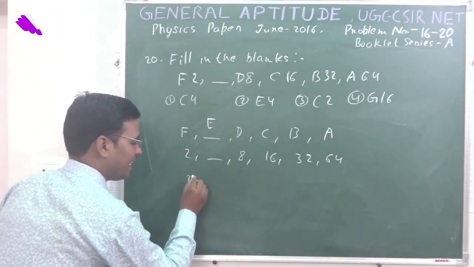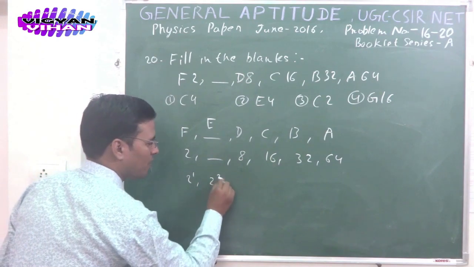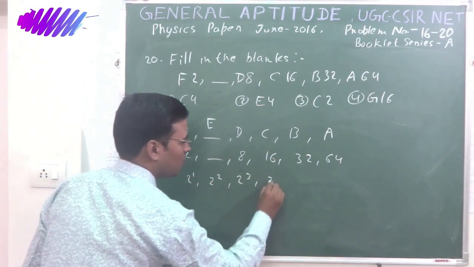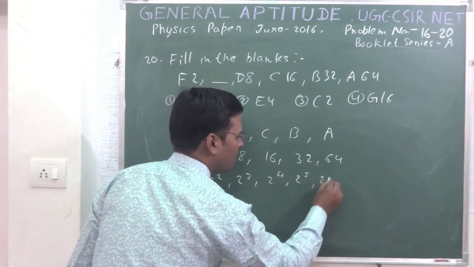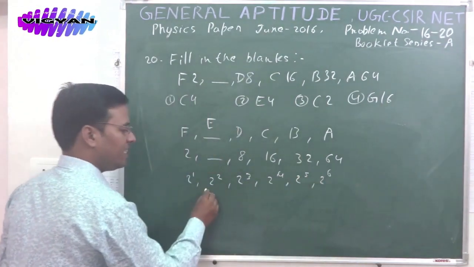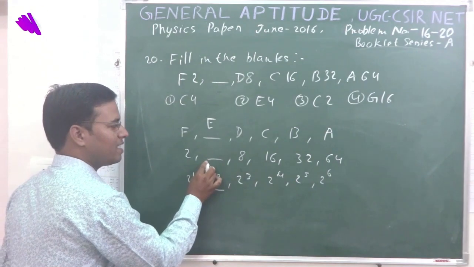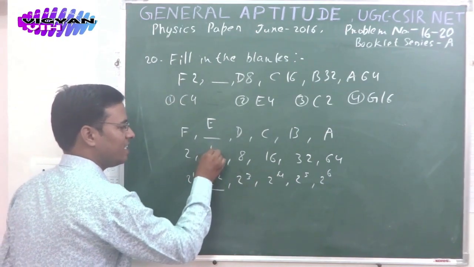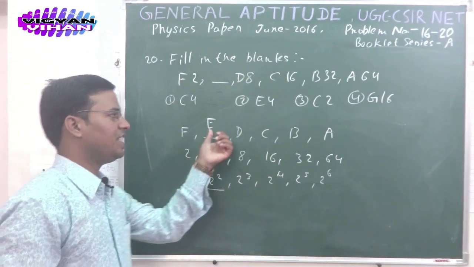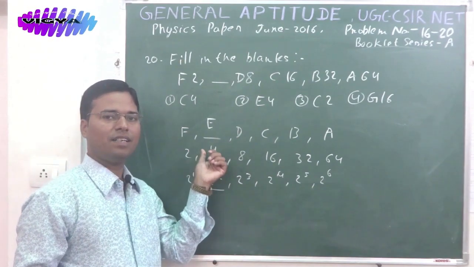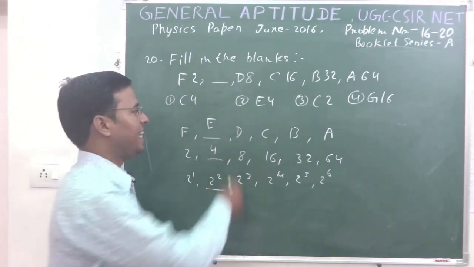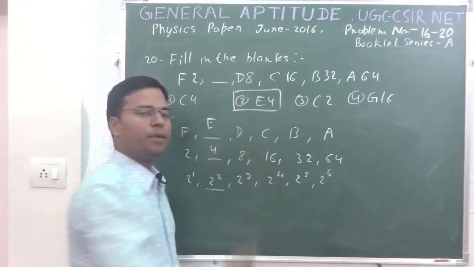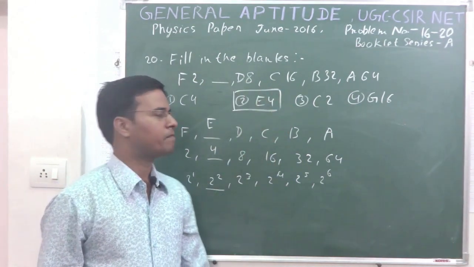Or you can write it as 2 power 1, 2 power 2, 2 power 3, 2 power 4, 2 power 5, 2 power 6. This is the series. Then in this blank space, you will get the number 4. So with E, the number will come 4. So the correct answer of this problem is definitely option 2, E4.